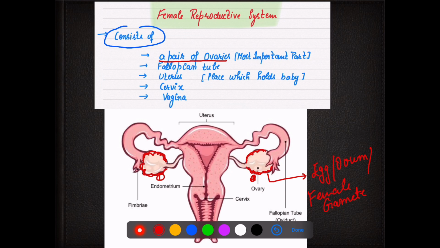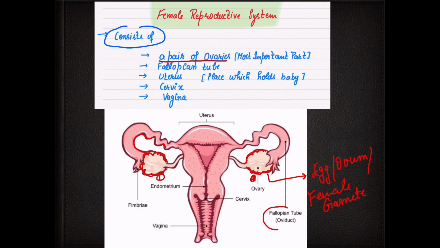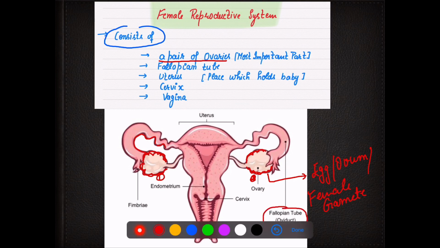Then there is a tube-like structure, which you can see is our fallopian tube, or many times it is also known as the oviduct. This is the tube which receives the sperm, where fertilization happens.